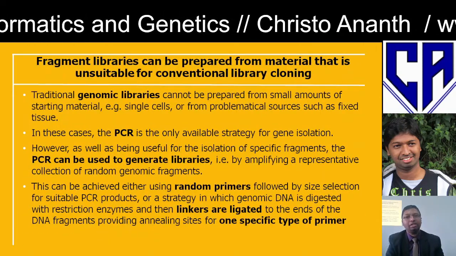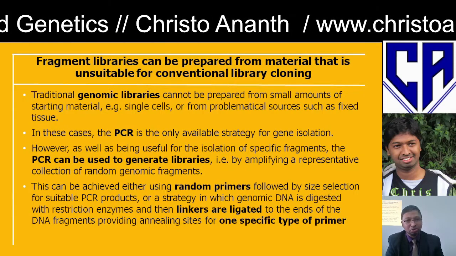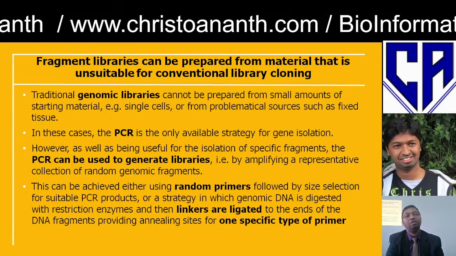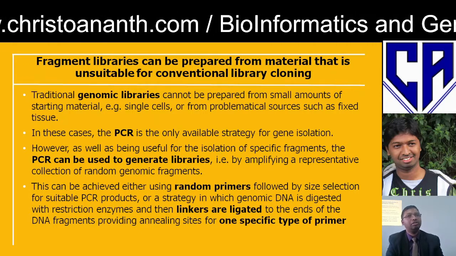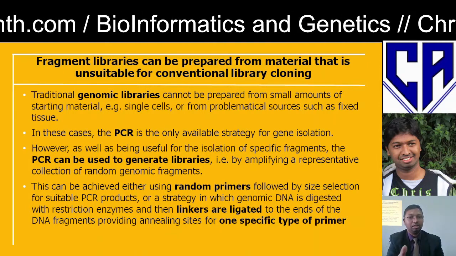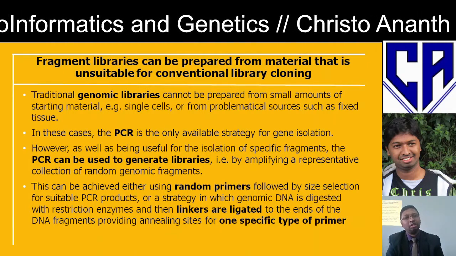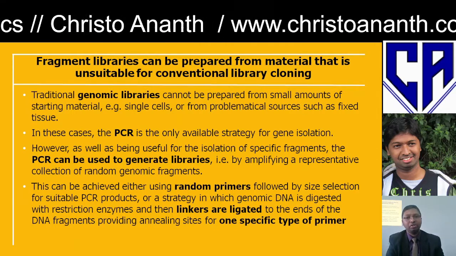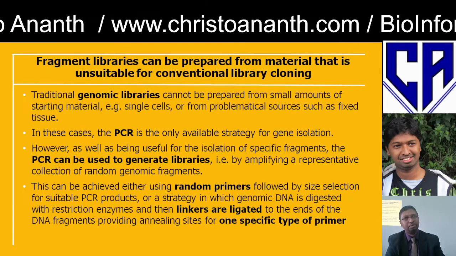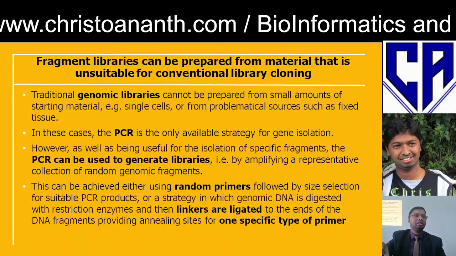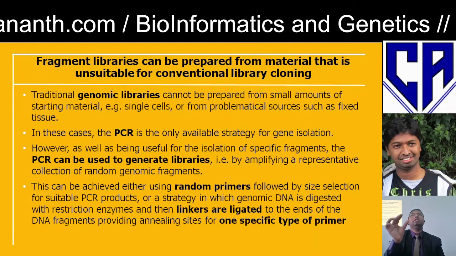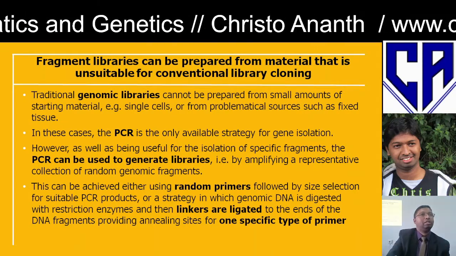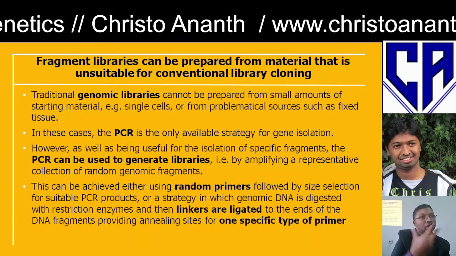And fragment libraries can be prepared from material that is unsuitable for conventional library cloning. Here PCR is the apt strategy for gene isolation. You can isolate the gene by PCR, and the genomic libraries may come from single cells from fixed tissue. For this we can use random primers, a strategy for selecting the size of the sequences, and also for suitable PCR products.